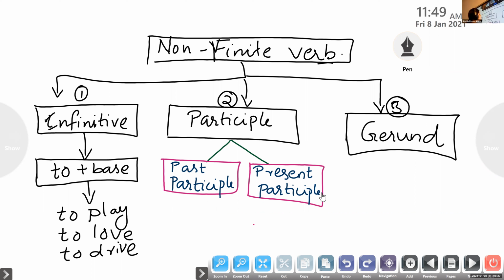It has a job in a sentence, children. These participles are also known as verbal adjectives. Another name for participle is verbal adjective.